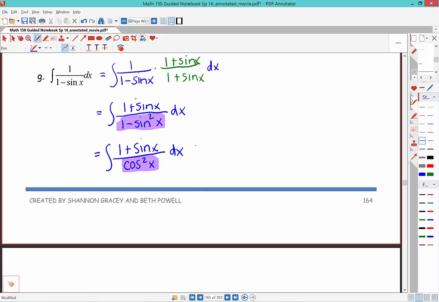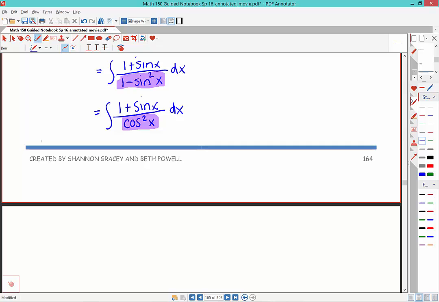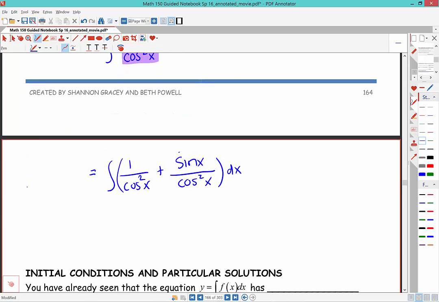So continuing, this is equal to, if I divide each term in the numerator by cosine squared of x, I'm trying to make this look like one of our basic rules for integration.